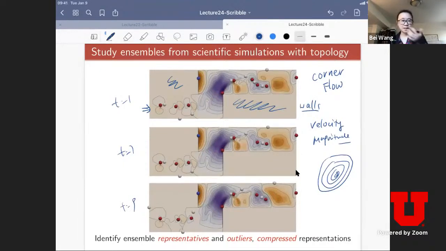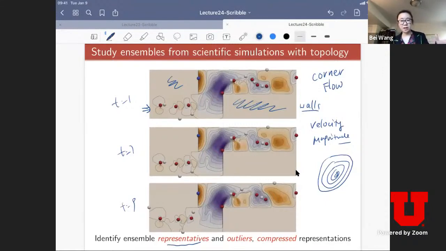So the idea is that if you give me this time-varying data set, I could treat it as an ensemble, meaning every time step is a particular instance in a collection. Can I use some topological method to find representatives?